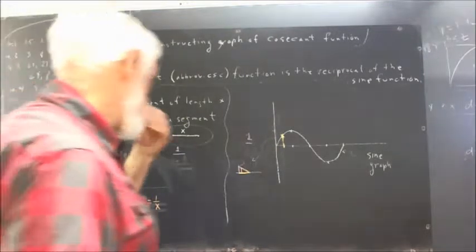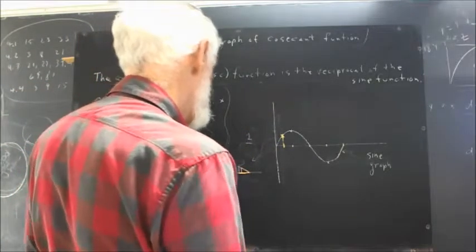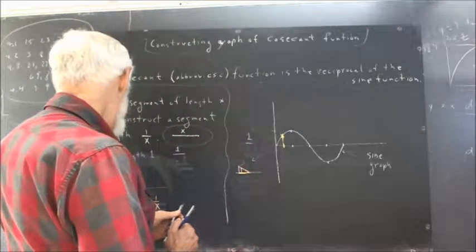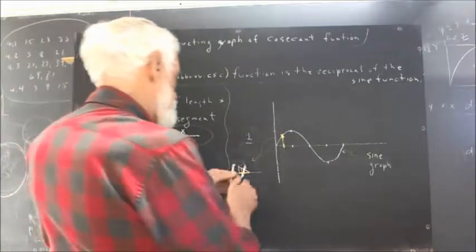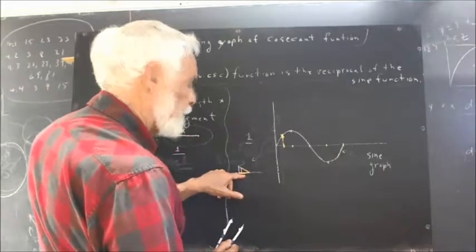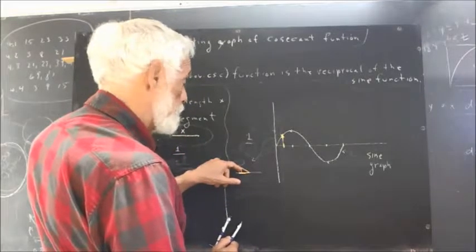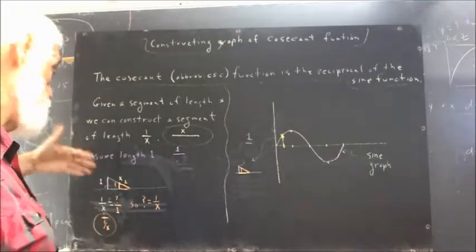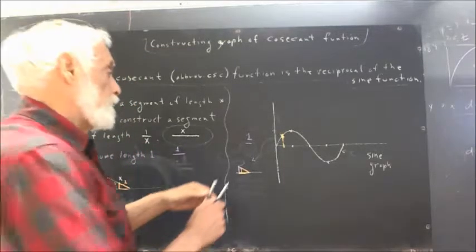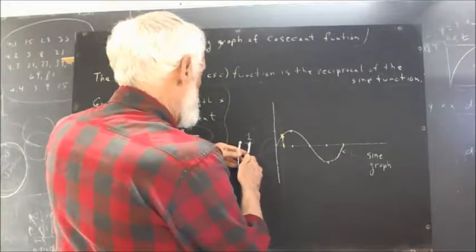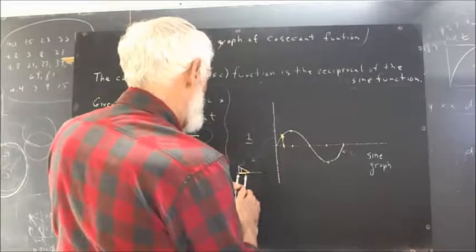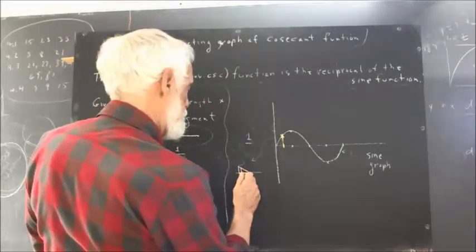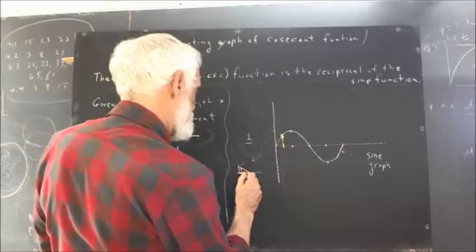Now, we want to take the reciprocal, so we have to put a leg of unit length here, and the reciprocal is going to be here, by reasoning identical to the reasoning we used here. So I want to take our unit length and put it here along the horizontal leg.